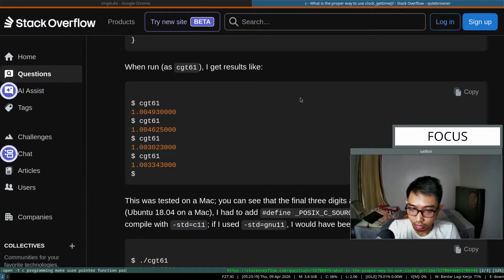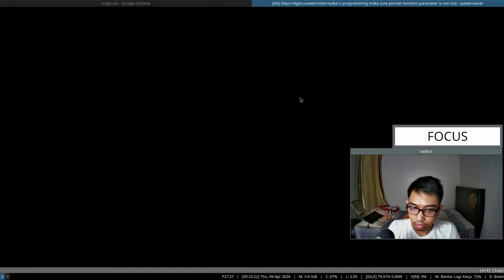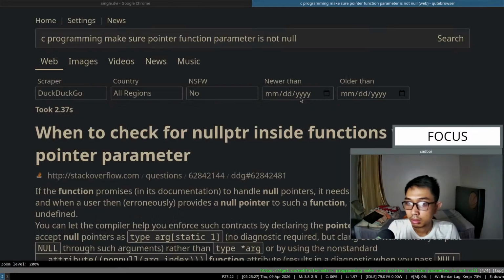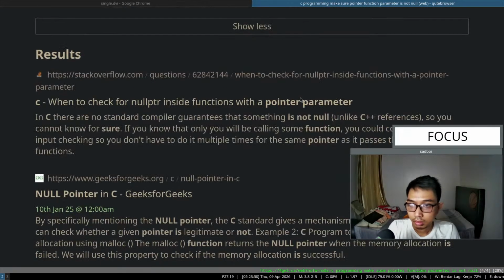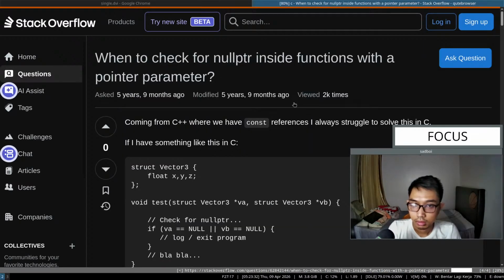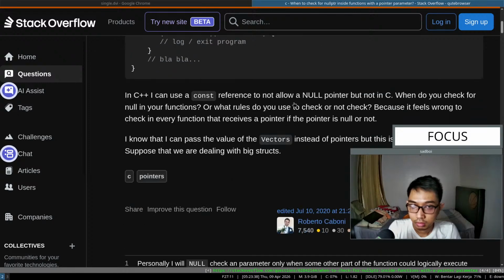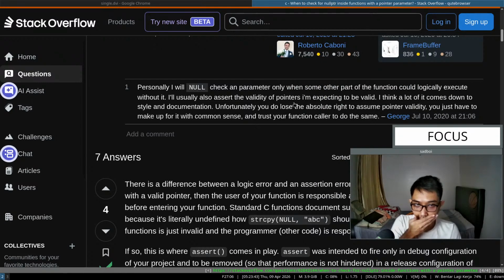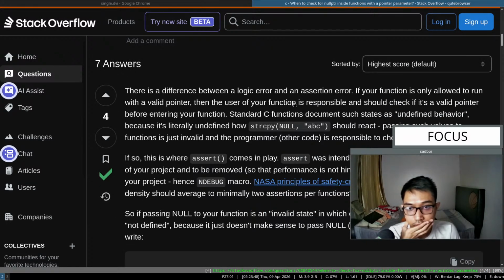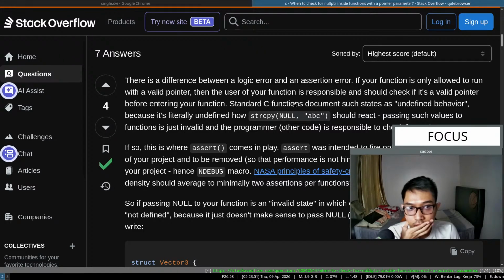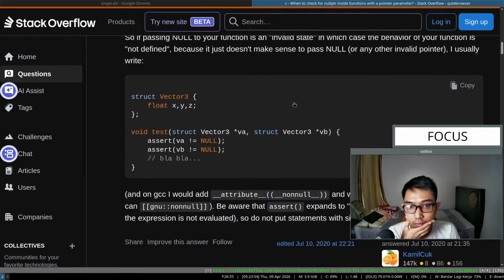Pointer function is not no. Okay. Oh, okay.